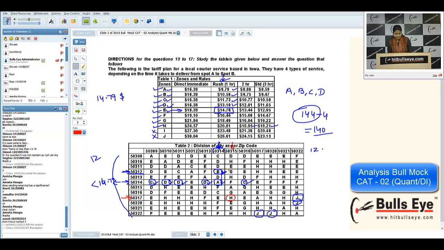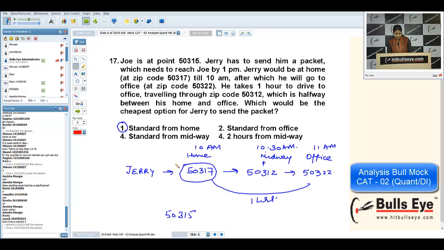This is H. At H, by using the standard service, what is the cost? 18.21. So by using the first option, we can say $18.21. That is the cost. At 10 a.m. it is sent. At 1 p.m. Joe will receive it.